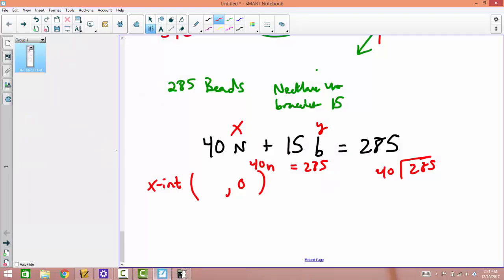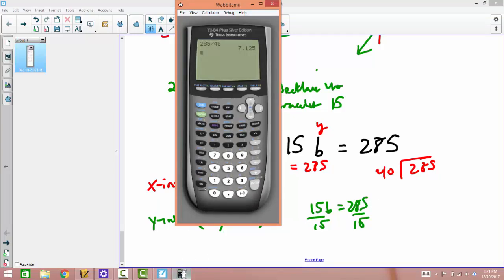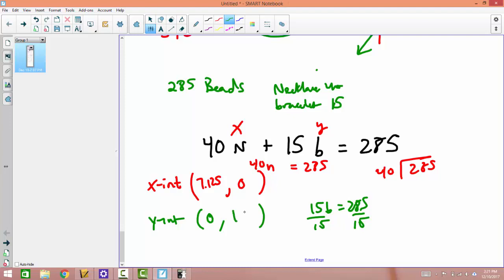So that's the x-intercept. The y-intercept, you would plug 0 in for x and solve for y. So you would have 15b equaling 285, and then dividing by 15, 285 over 15, you get 19. So that's one way to plot it.